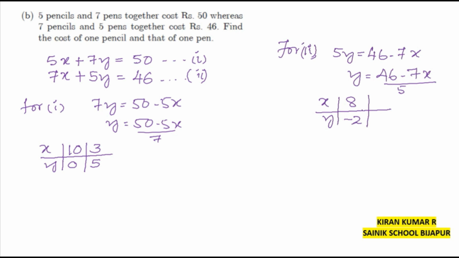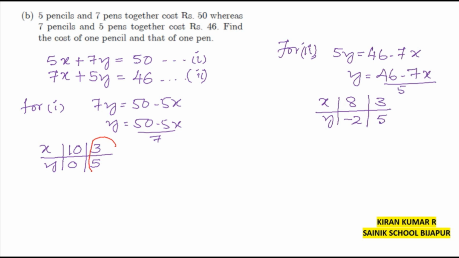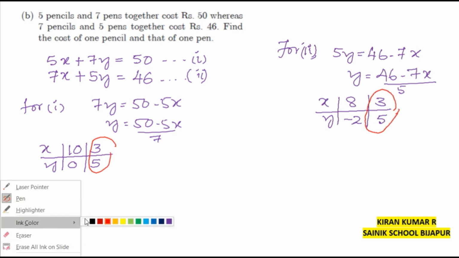Divided by 5 is negative 2. If I take the value of x as 3, y value becomes 5. From the table, you will be able to observe one thing, that 3, 5 will be the solution. On plotting graph, you must get 3, 5.